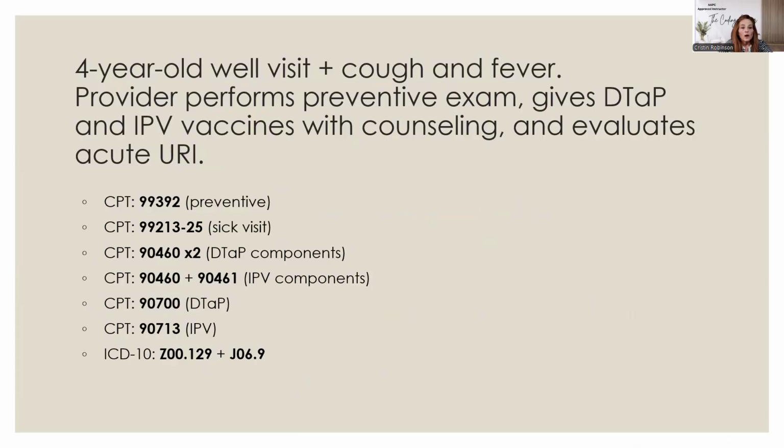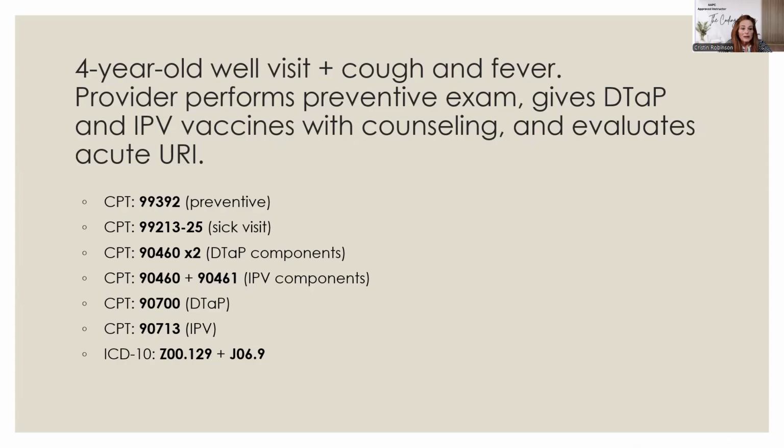Here we see a 4-year-old well visit that comes in with a cough and fever. The provider performs a preventative exam, gives DTaP and IPV vaccines with counseling, and evaluates an acute URI, or upper respiratory infection.